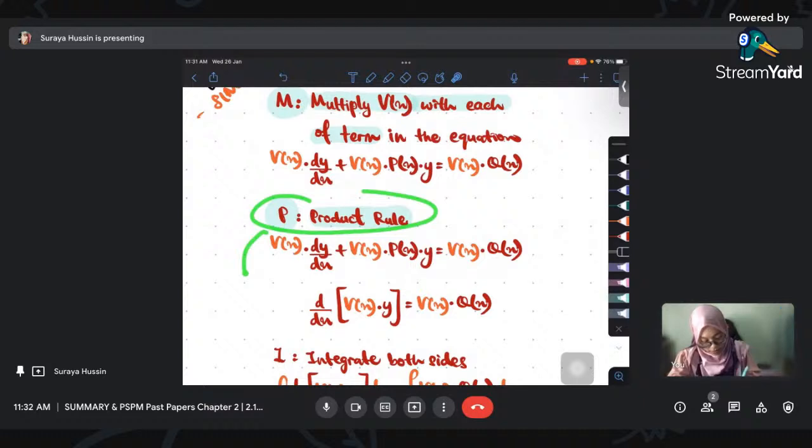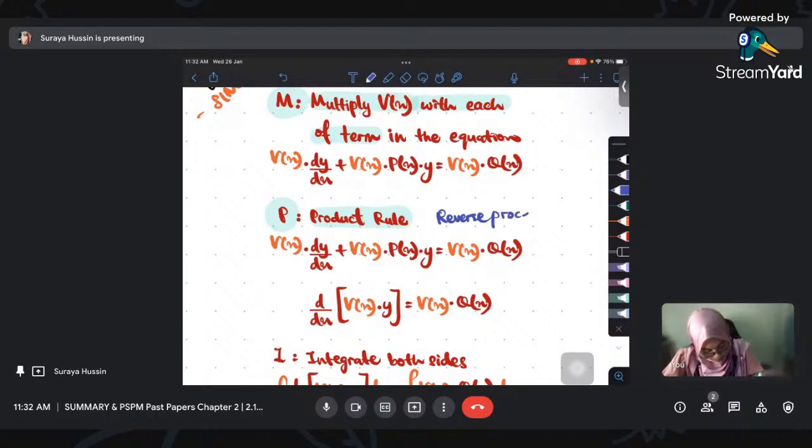It's here. It's having DDX. Kita sekarang ni tengah buat product rule yang terbalik. Reverse process lah. Product rule yang reverse. Reverse process of product rule.